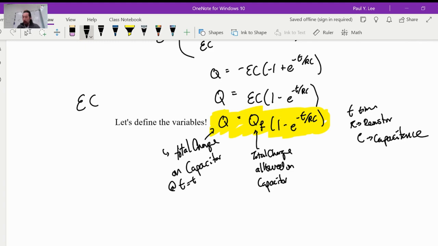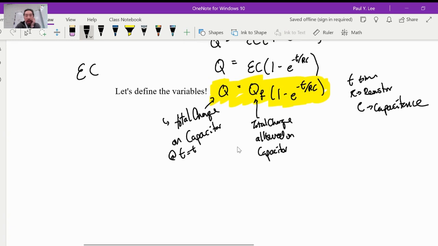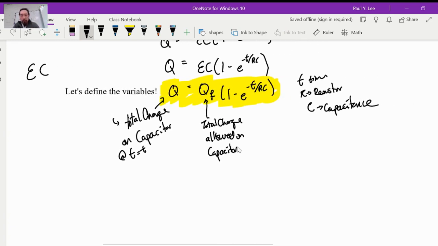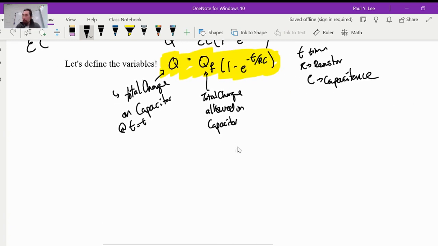All right, so we have that formula, and that's good and all. But now, with this formula, let's come up with the voltage formula. This is going to be the voltage for the capacitor at any moment of time.